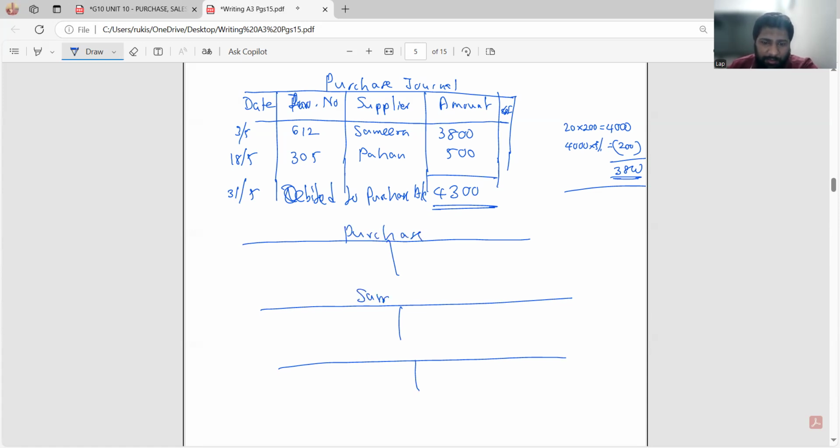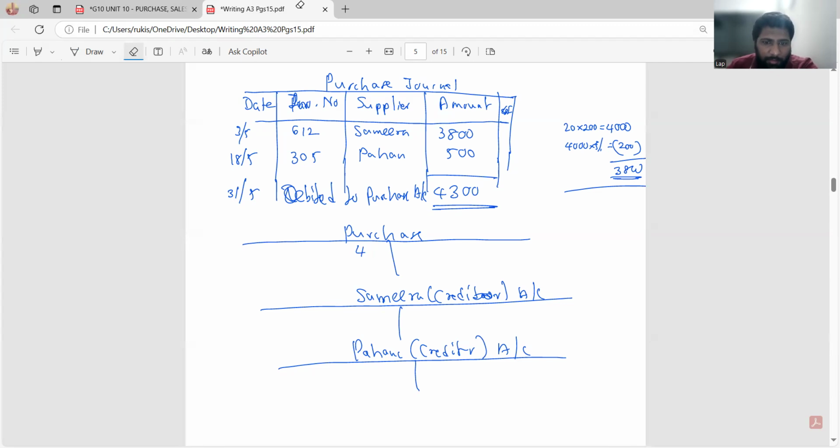Other one is for Samira, creditor. Another one is Pahan, creditor. So the purchase account should have the total. Put the total amount to the purchase account, individual amount to the individual account.